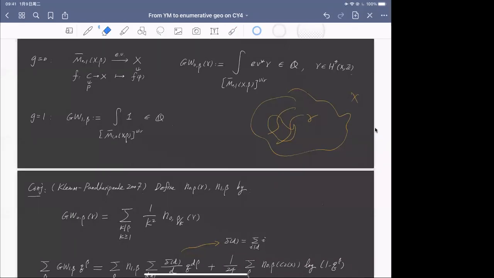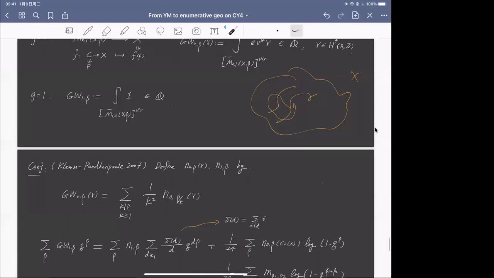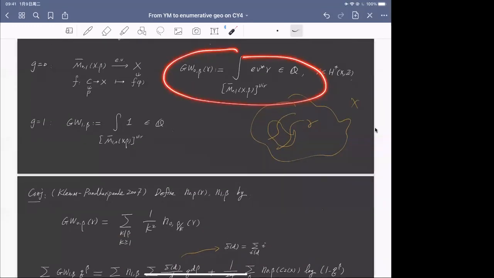It's not a very old story. They proposed to define two sequences of numbers, n_{0,β,γ} and n_{1,β}, in terms of these Gromov-Witten invariants. Let me just explain the first equality. The left-hand side is the genus 0 Gromov-Witten invariant we defined by this theory.